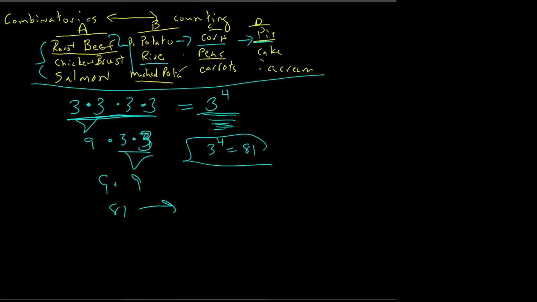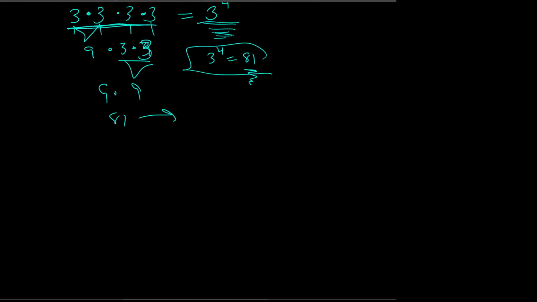And so with just these 4 slots with 3 options each, there are 81 different meals you can make. It's a thing we're going to look into in much more detail in the statistics class, but I hope you can appreciate why I'm focusing on some rules of multiplication here, because it's going to be something we're going to see a lot of.